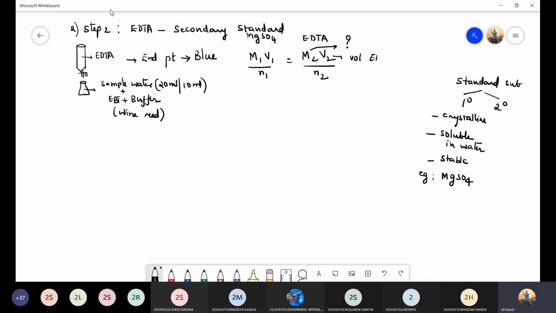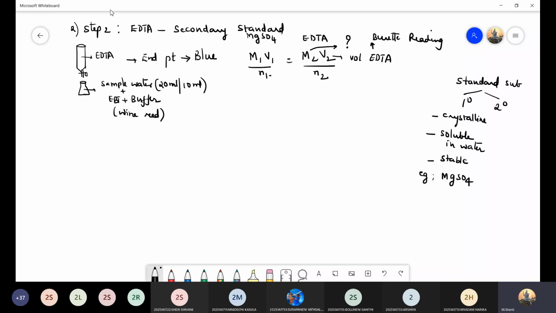So how will I know the volume of EDTA? This value I can know from the burette reading. That is what you are going to substitute here. And N2 is the number of moles of EDTA.